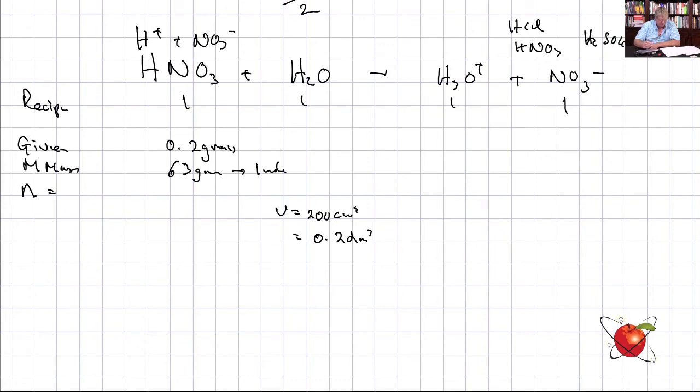So therefore we've got here 3.175 times 10 to the minus 3 moles. Sorry, my bad, my mind just wandered there. How do we do that? Remember, we said 63 is 1. We've got 0.2, therefore how much of that have we got? So we've got 3.175 times 10 to the minus 3 moles of that.